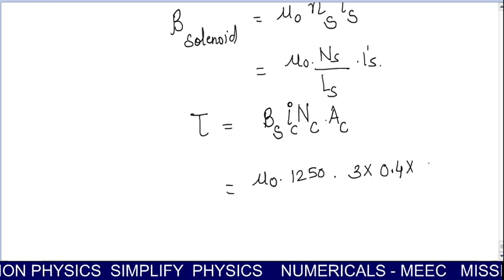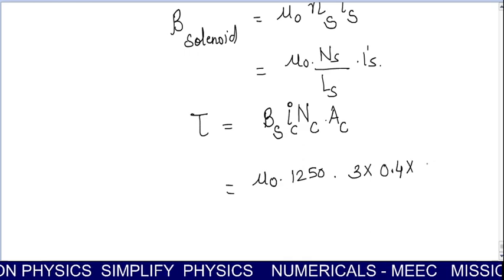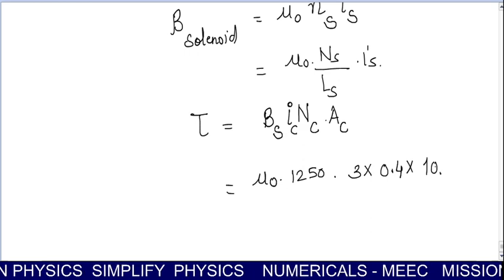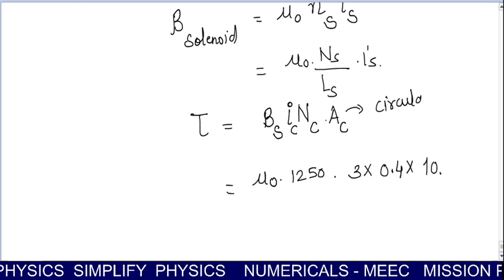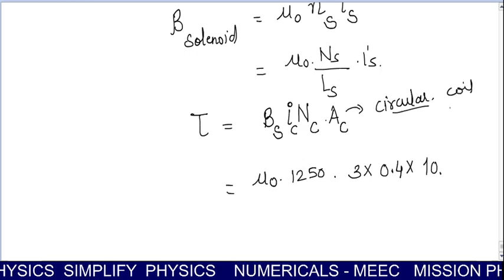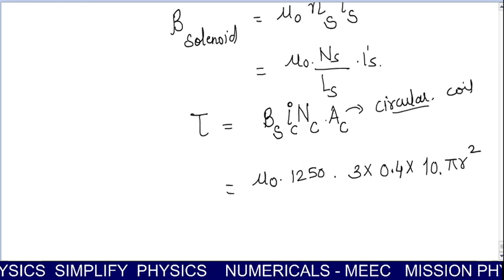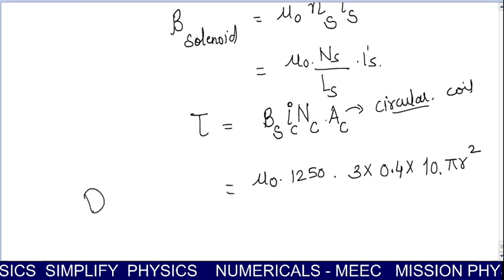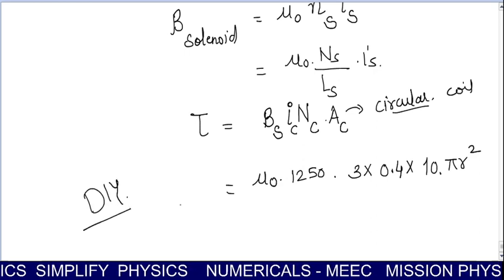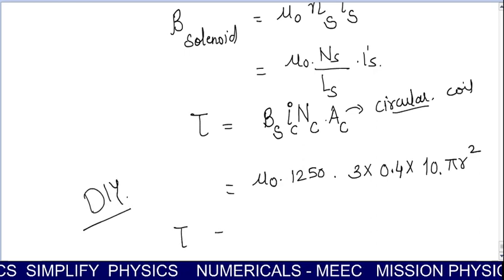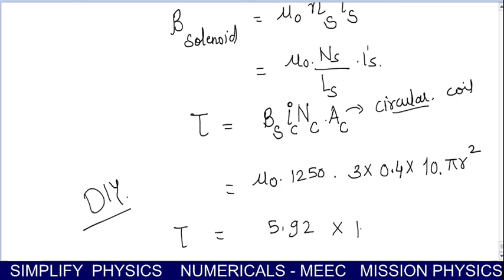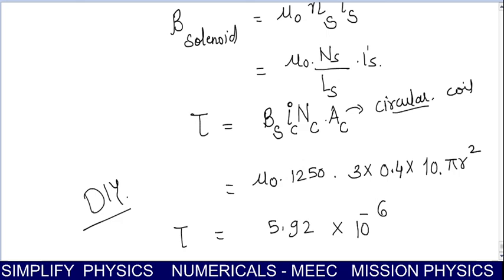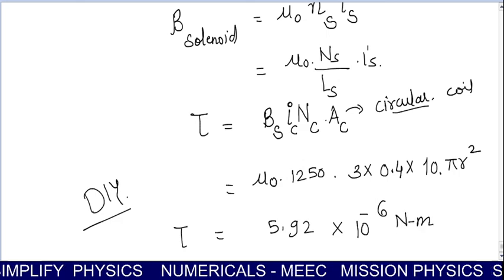The number of turns in the coil is 10 and the area of the coil, because the coil is circular, will be pi r squared. So the next part, take it for do it yourself, and you should get the answer as 5.92 multiplied by 10 to the power minus 6 Newton meter.